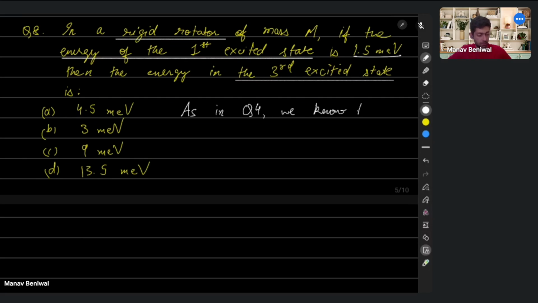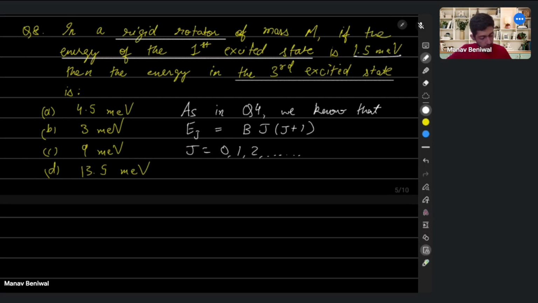We know that energy EJ is given as B times J into J plus 1, where J goes from 0, 1, 2, and so on.